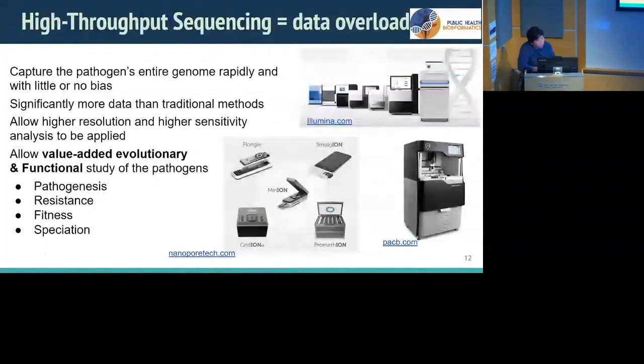And I don't need to talk about high throughput sequencing. I'm sure all of you know at least something about it. But what I do want to highlight is that the generation of these genomics data not only allow us to have higher resolution and higher sensitivity laboratory tests, it also allow value-added evolutionary and functional studies of the pathogens.